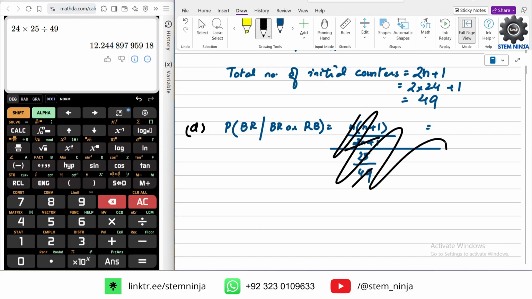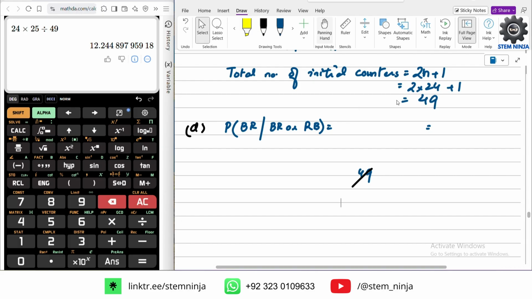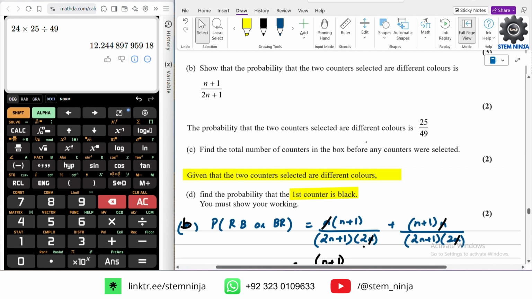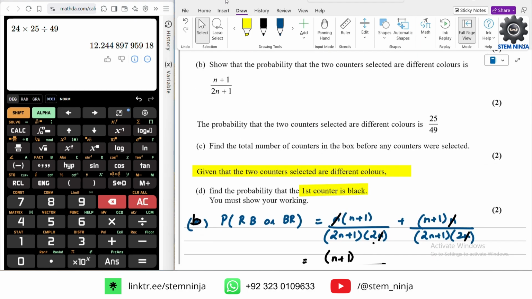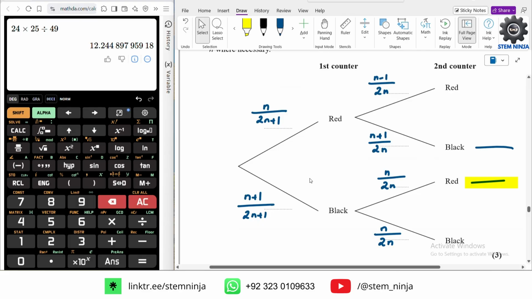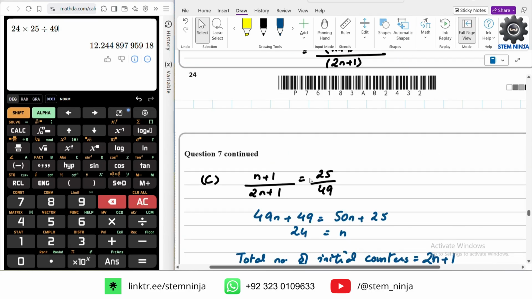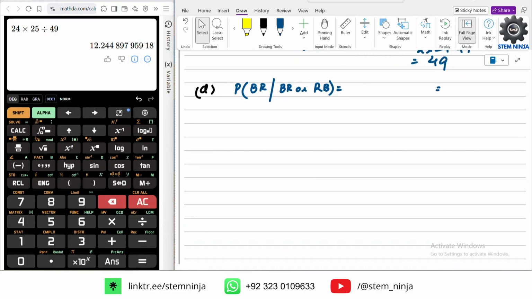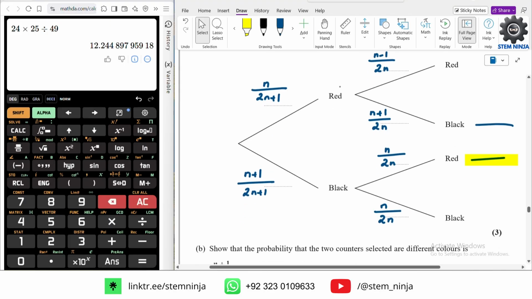Okay, so if we have figured out that n was 24. Oh, sorry, my bad. I actually forgot about the 2 times part. Oh, sorry, I was right. Okay, let's write it in number form so I don't forget. This is the 24 plus 1.